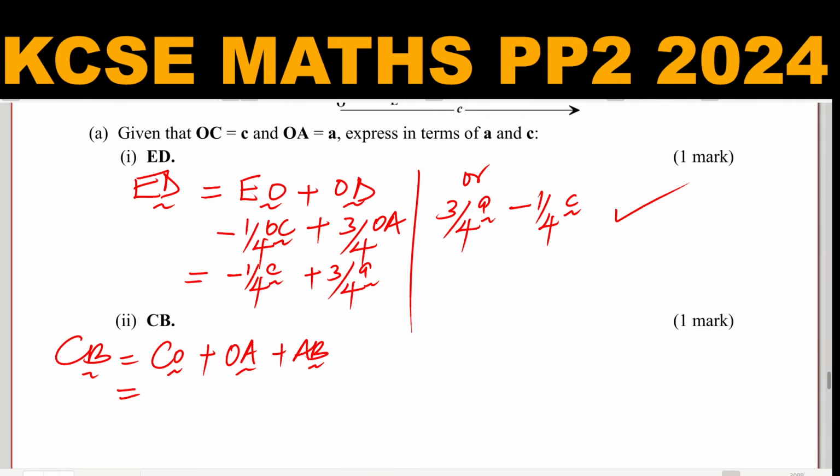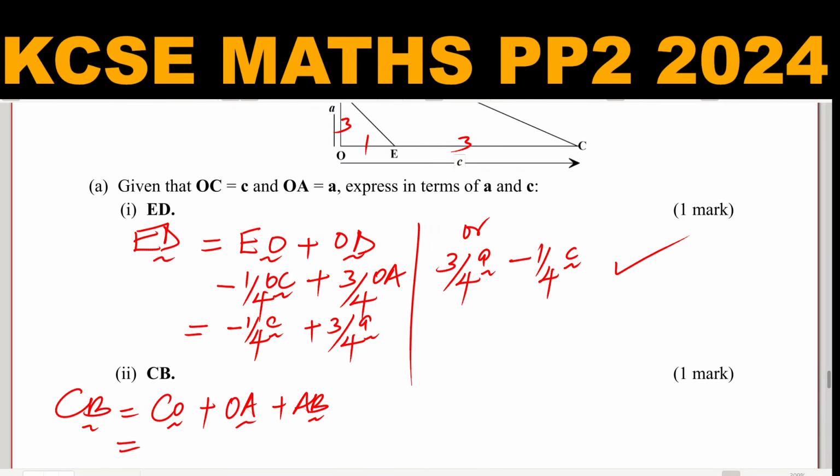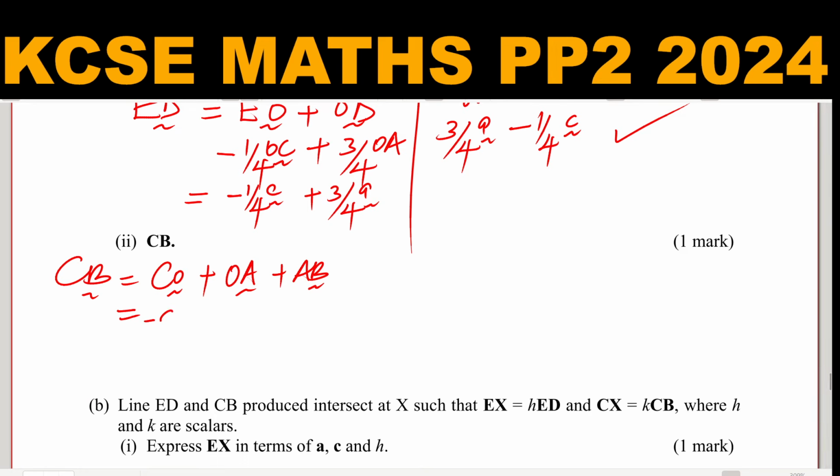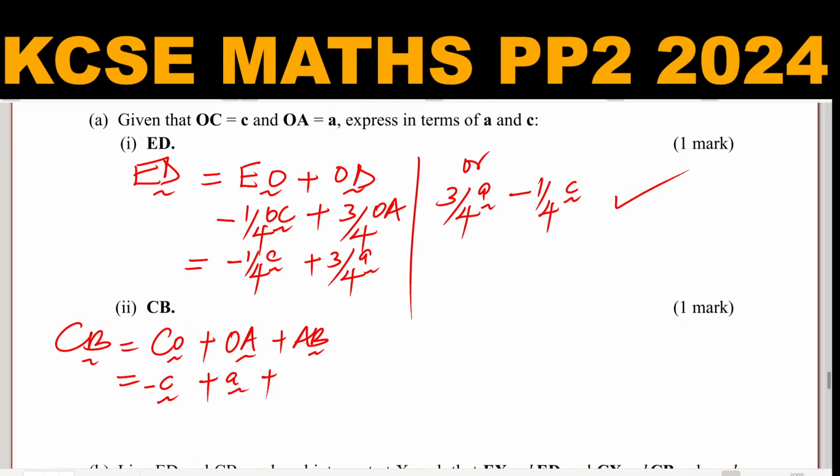What is CO? In the diagram, CO is moving in the opposite direction. OC is C, therefore CO will be -C. Then OA is given as A. And then AB.